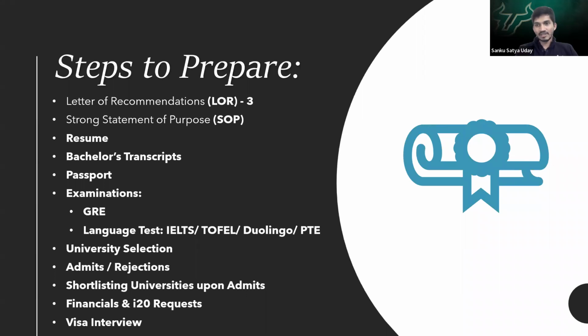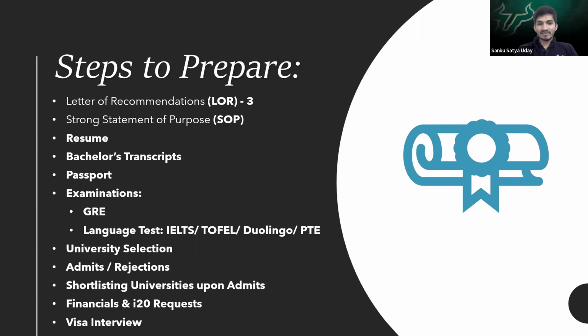Like, you should be doing the financial preparations, like keeping ample money in your bank to show the university admin that you have the capability to spend money for your masters, such that upon the approval, you'll be receiving your I-20 from the respective universities.